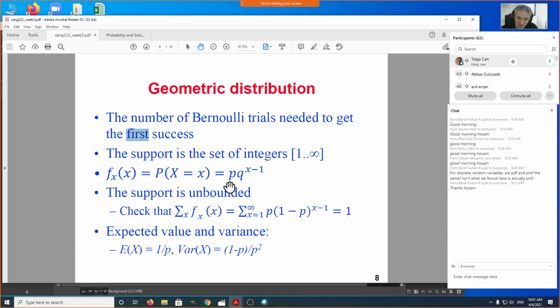Why don't we multiply this with X? Because if I'm going to do X trials, where X is the number of trials, the success could be anywhere within that number of trials, right? Why is the probability mass function like this? The probability to get a success in X trials is P times Q to the power X minus 1.